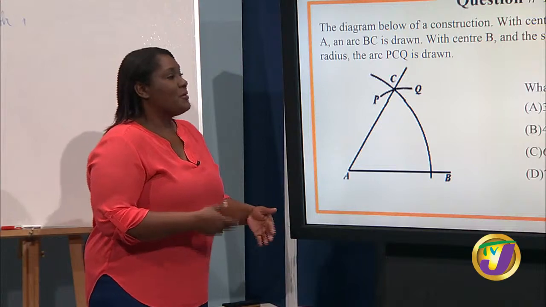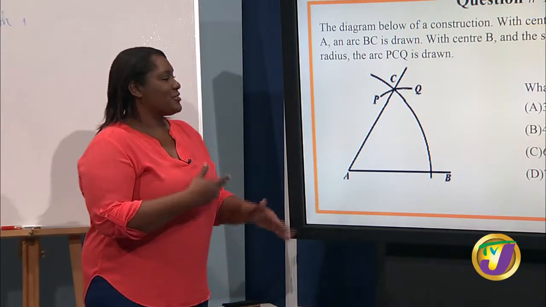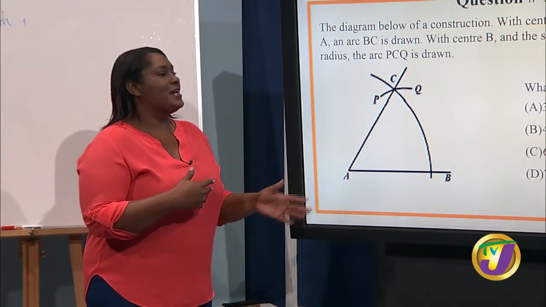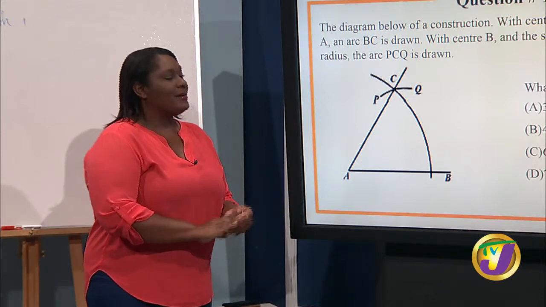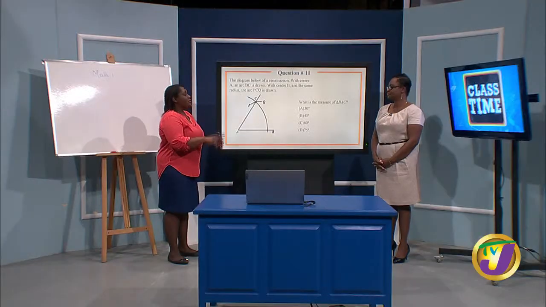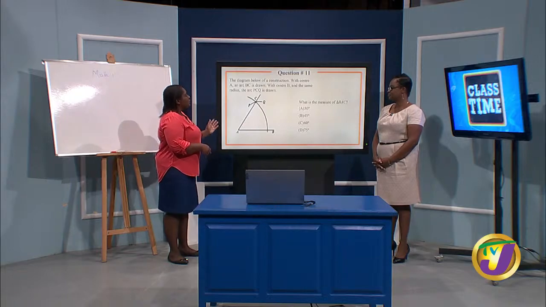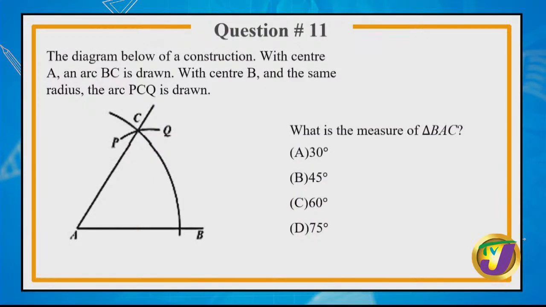While some persons take it for granted and just go ahead and randomly swing arcs and measure and come up with the angle that they are required to construct, here we are given a diagram which we are required to examine carefully, in light of the information that's given, and say what angle is being constructed right here.